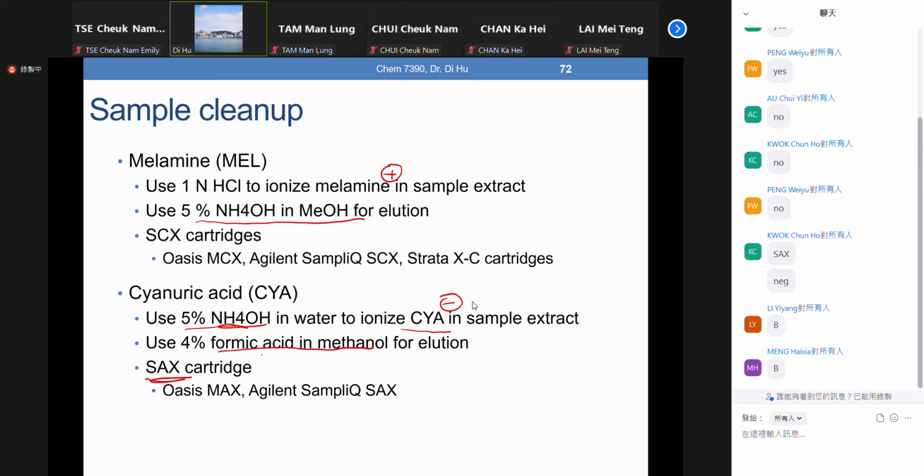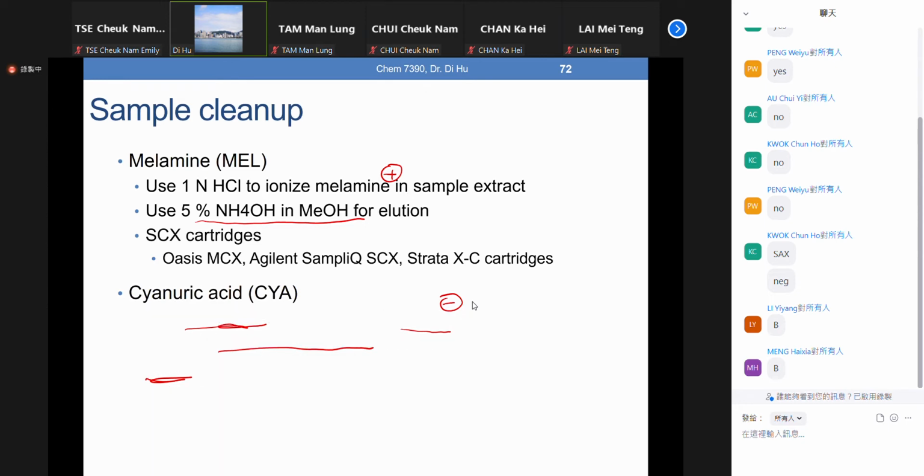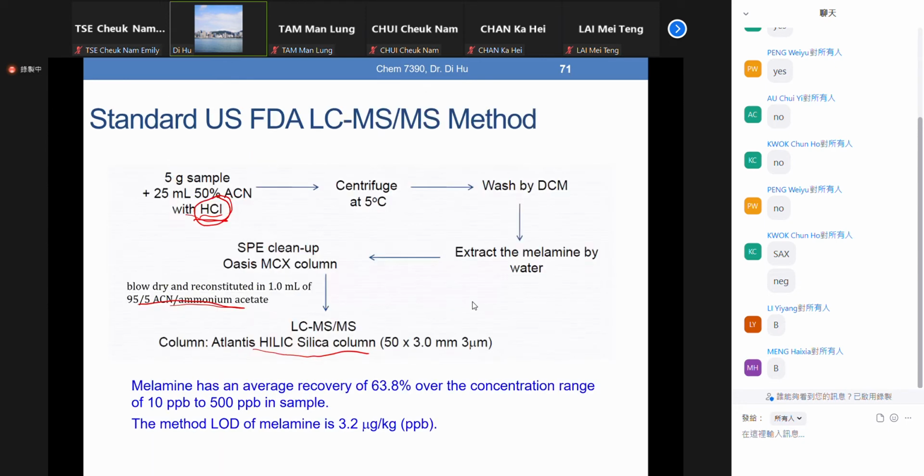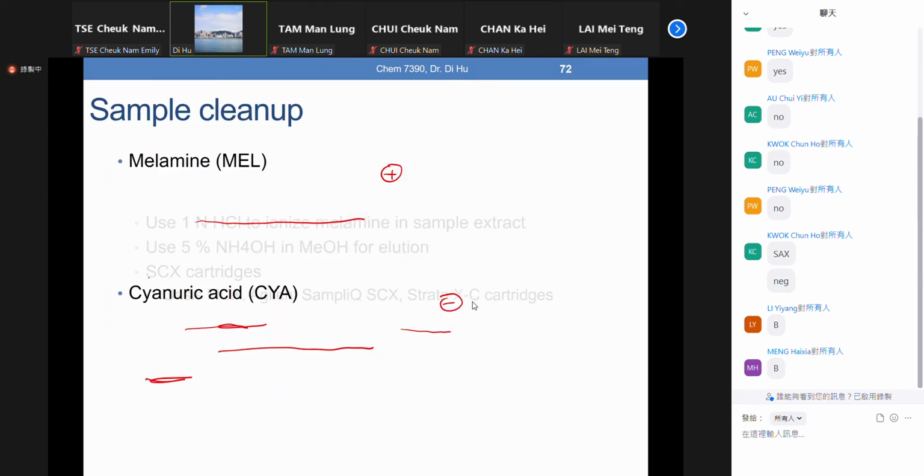I think now all of you know why we use acidic or basic methanol, and not directly acidic water. Why is that? Because later, if you want to blow dry and reconstitute the sample, methanol is much easier to blow dry than water.